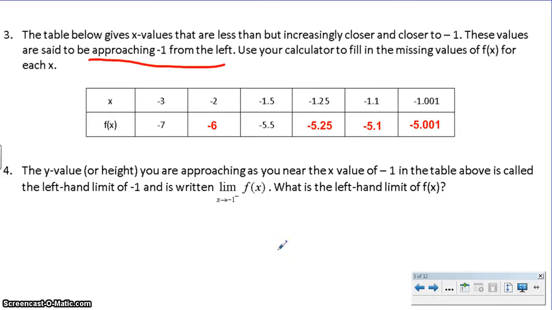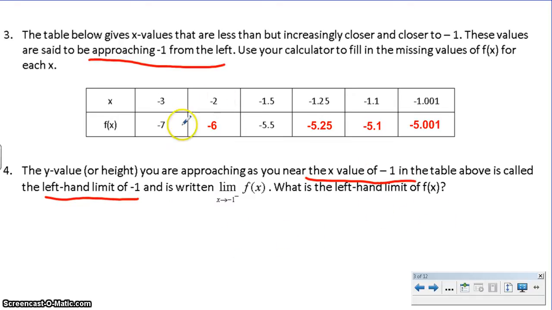So after identifying those output or y values, we can basically say that as you near the x value of -1 from the left-hand side, the left-hand limit is going to approach a particular value.